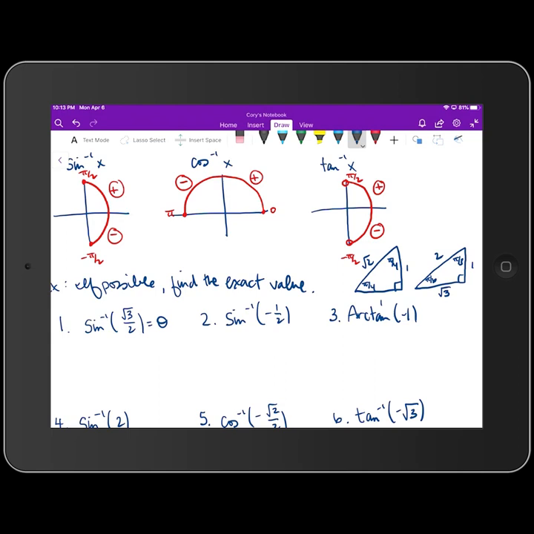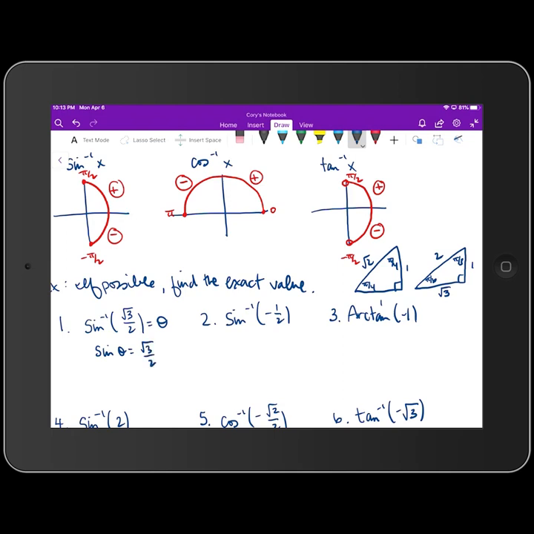What we want to do is take that equation and write it as an equivalent trig equation. If the inverse sine of rad 3 over 2 is equal to theta, that means the sine of angle theta has to be equal to rad 3 over 2.